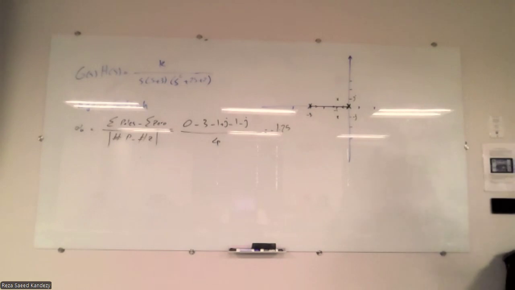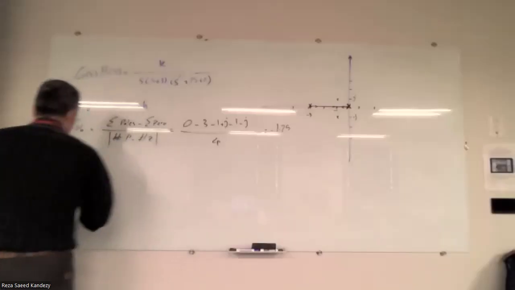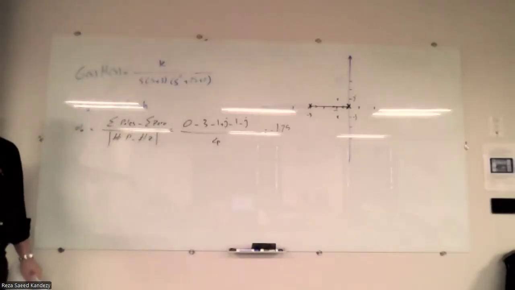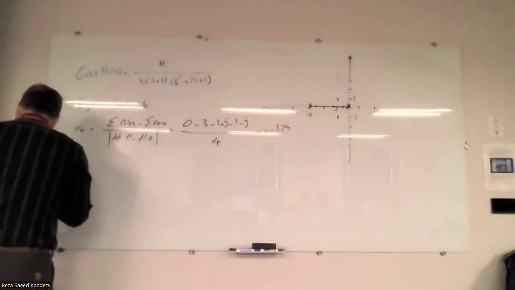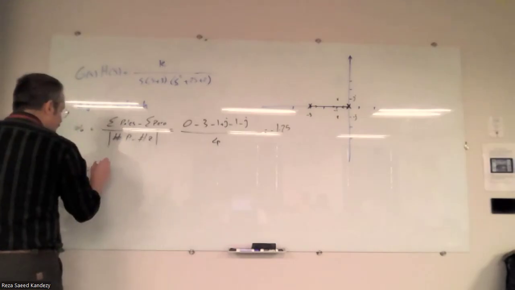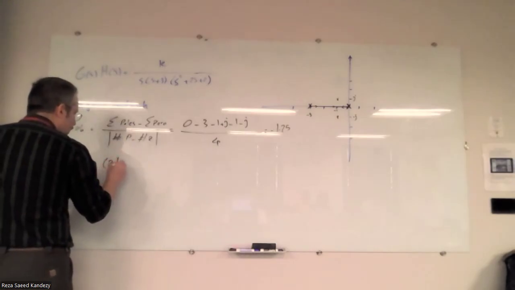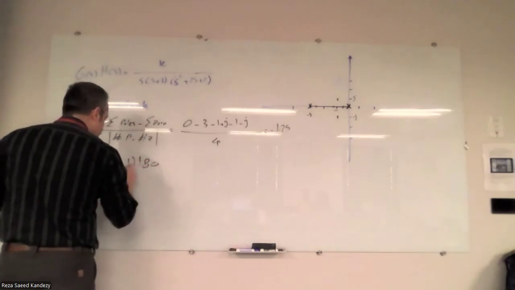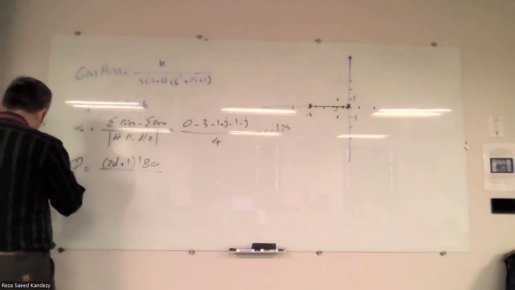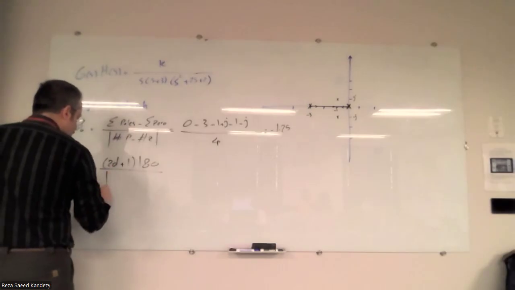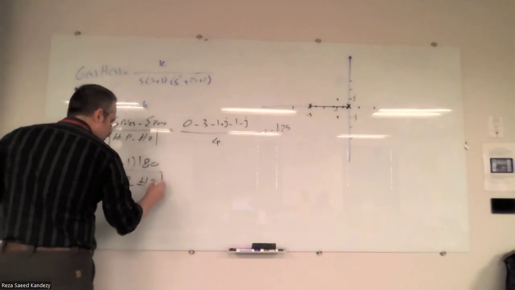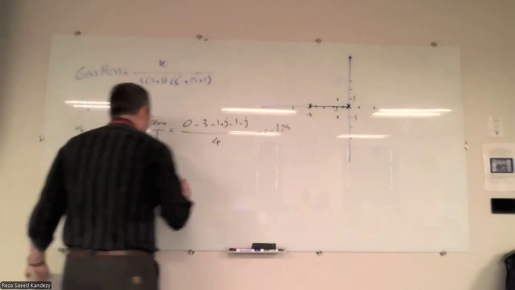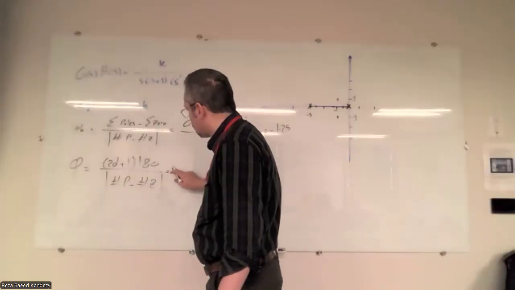Are we good? Now, another part was the angles of those four asymptotes. So the formula for the angle was the odd number of 180 over, again, the absolute value of the number of the poles minus the number of the zeros. Now, this part was a little bit tricky.